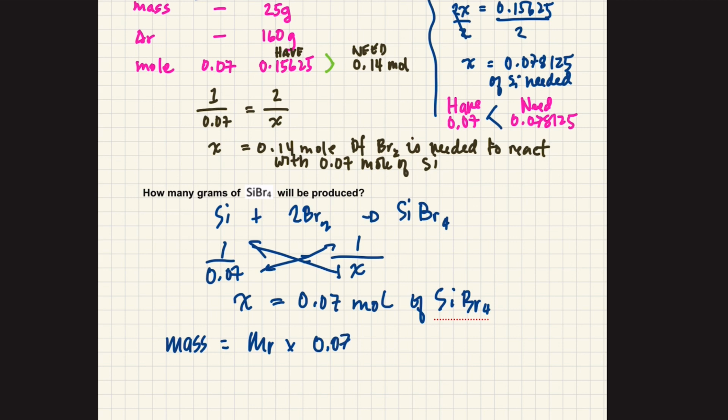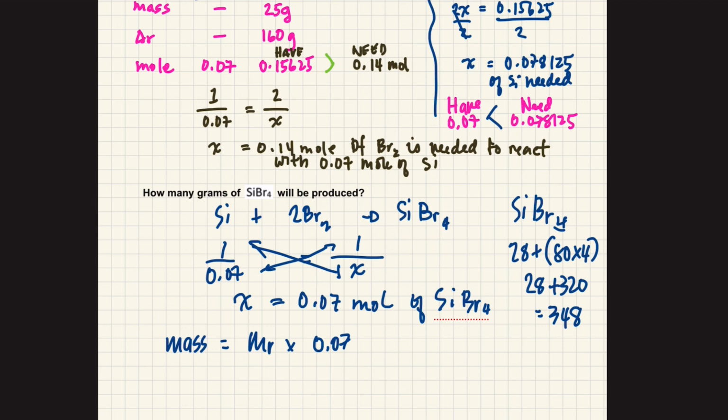So what is the molecular mass of silicon tetrabromide? SiBr4: silicon has a relative atomic mass of 28, plus bromine is 80 times 4 because we have 4 atoms, so that's 28 plus 320 gives us 348.